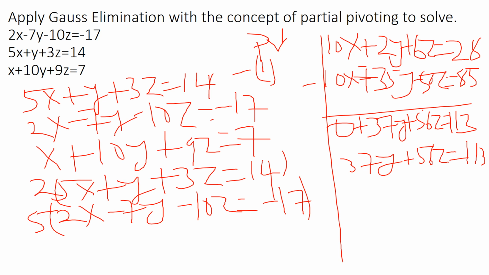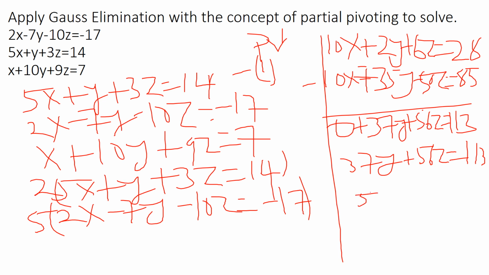The next thing we need to do is eliminate the value of x now using the third equation with our pivoted equation 1. In this perspective we can write the equations.